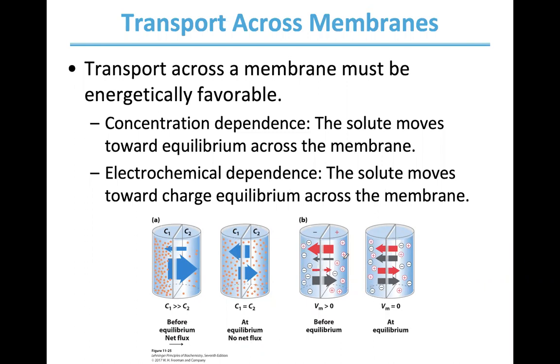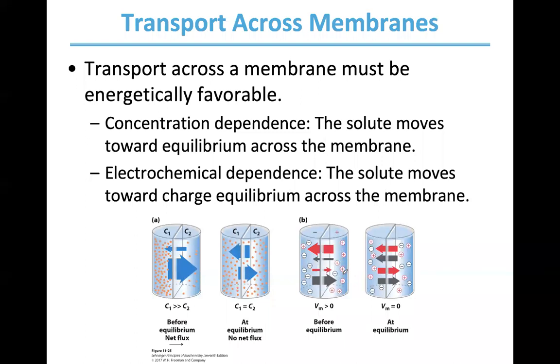Now for ions, for example, this will be electrochemical dependence, right? So again, we want to make sure that the electrical potential is similar on both sides, right? Which basically means the concentration of negatively charged particles has to equal the concentration of positively charged particles.